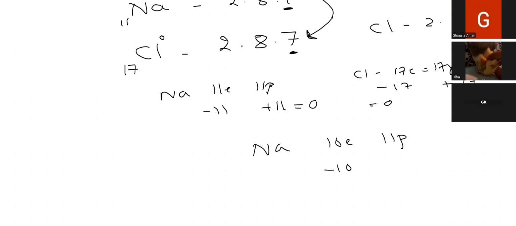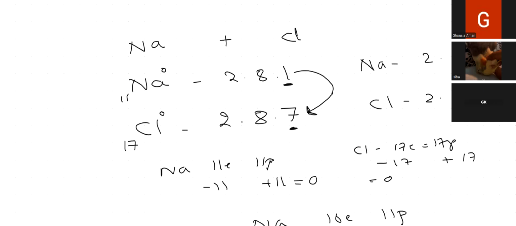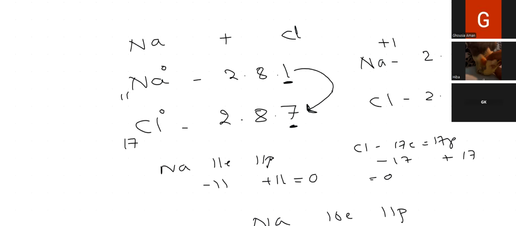So -10 and +11 is equal to +1. So this is the reason that after losing one electron, sodium will get a +1 charge. Why? Because now one negatively charged particle is lesser than protons.